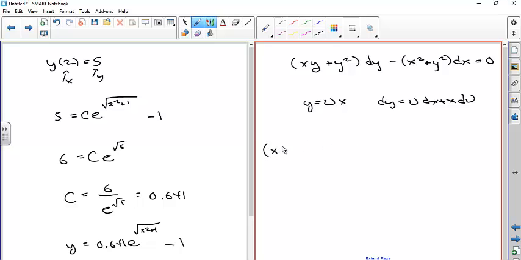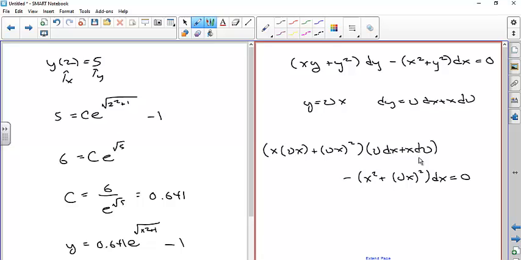So making those substitutions, for y I put in nu x, same thing here, nu x squared instead of y squared, then I multiply by nu dx plus x d nu, so that's that part. Then I've got minus x squared plus y squared, so that's nu x again, squared, close parenthesis, times dx. So that's the original substitution.